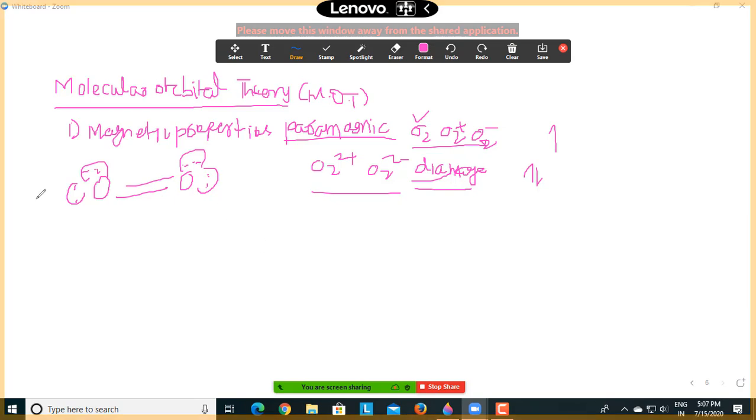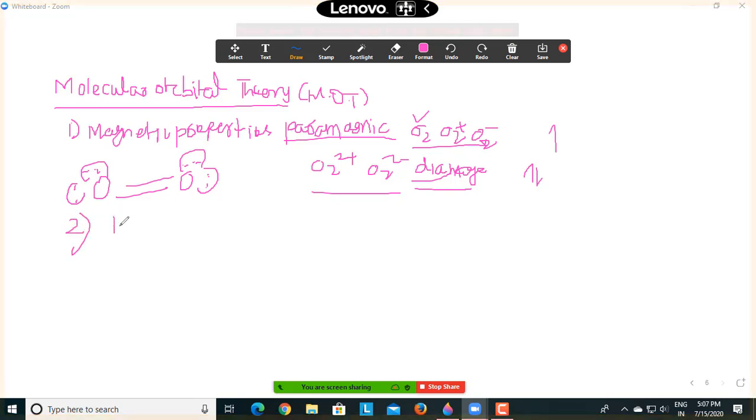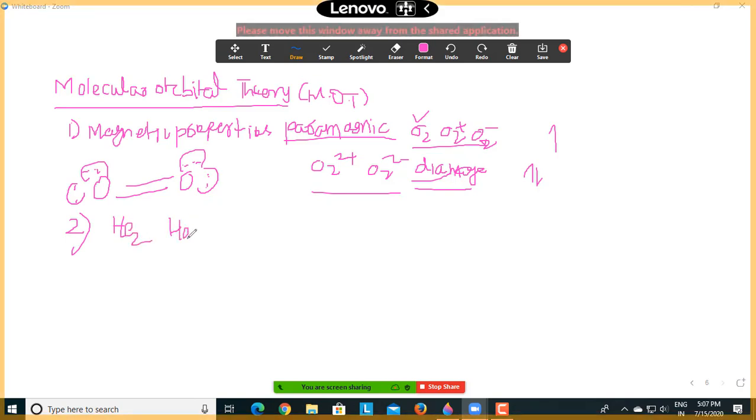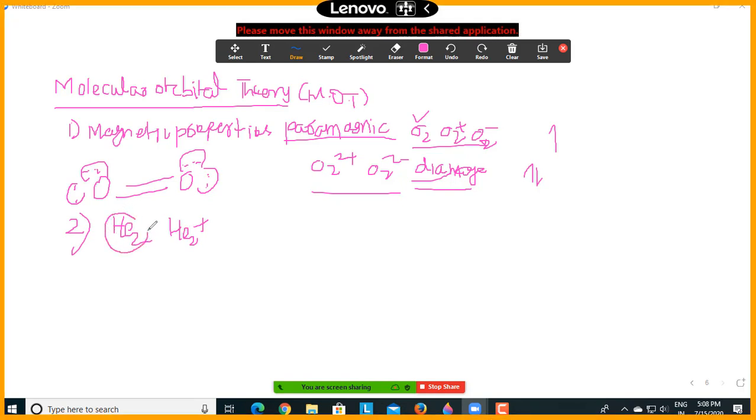So number one drawback. Number two drawback: why is He2 not possible, but He2 plus is possible? He2 plus exists. So He2 not possible, we are saying no, force of repulsion dominates and force of attraction is less.